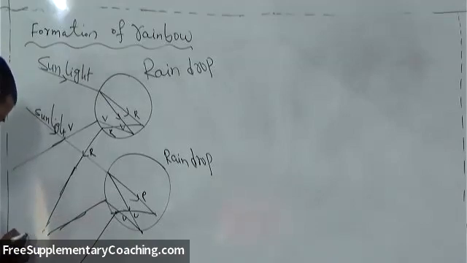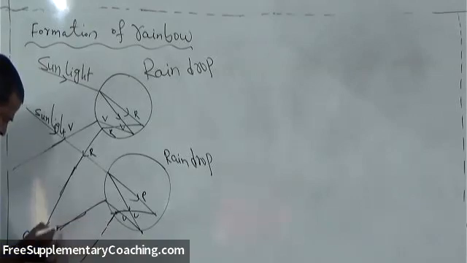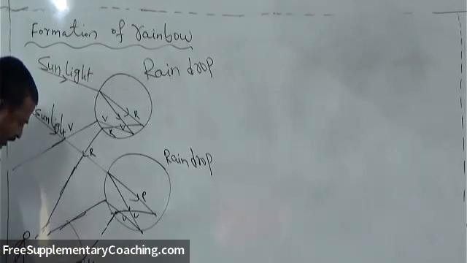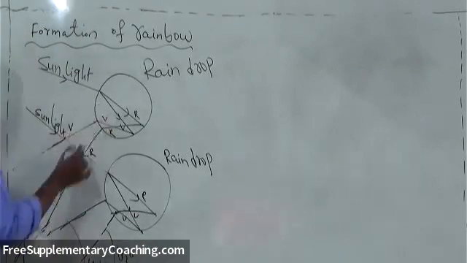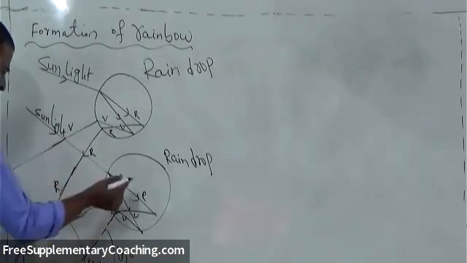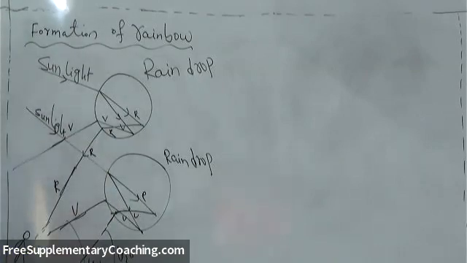Here somebody, an observer, is there. For him, these two rays will be received at some angle, 40° and 42°. That means from the first raindrop we get red color, from the second we get violet color. So this kind of rainbow, in which red is above and violet is below, is basically the formation of rainbow.